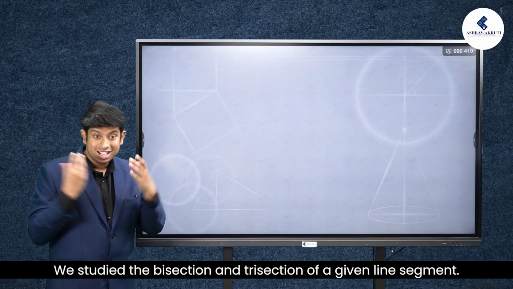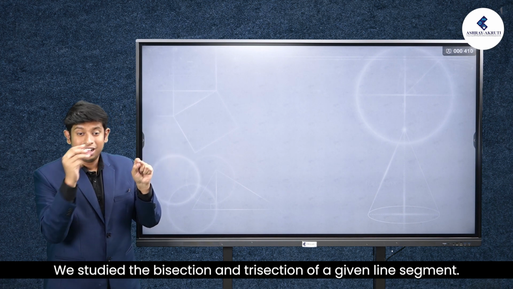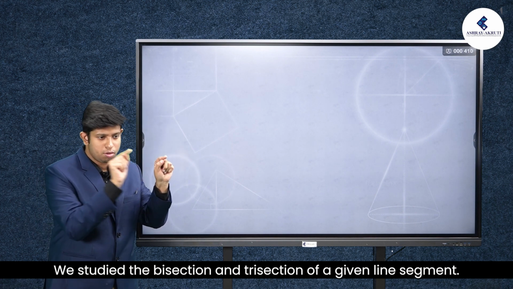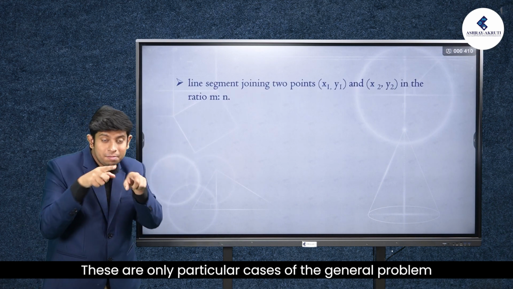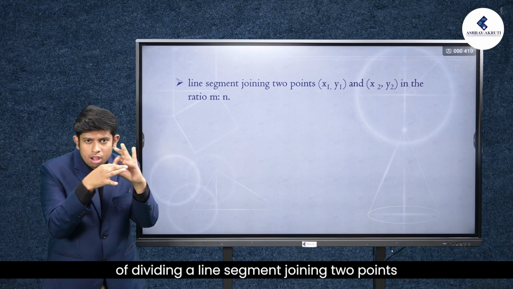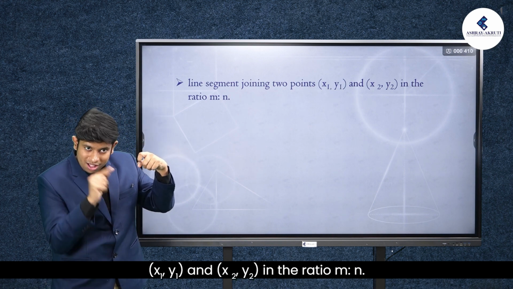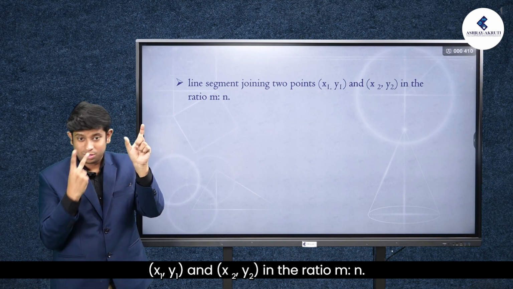Applications. We studied the bisection and trisection of a given line segment. These are only particular cases of the general problem of dividing a line segment joining 2 points x1, y1 and x2, y2 in the ratio m:n.